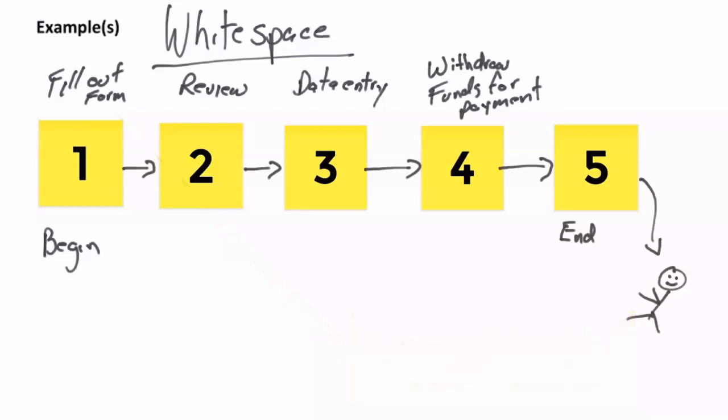And the last step is the deposit of those funds into the employee's bank account, either in the form of a paper check or a direct deposit that occurs. So we've got fill out the form, review, data entry, withdraw the funds for payment, and then deposit funds into employee account.